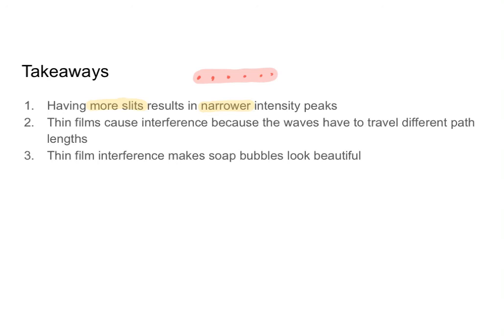Next, thin films cause interference, which is what creates that lovely rainbow effect, and they do that because the waves have to travel different path lengths. And finally, the most important takeaway is that thin film interference makes soap bubbles look beautiful. So just a reminder of some of the aesthetics of science and of physics in particular.